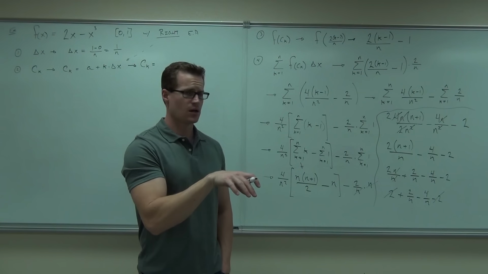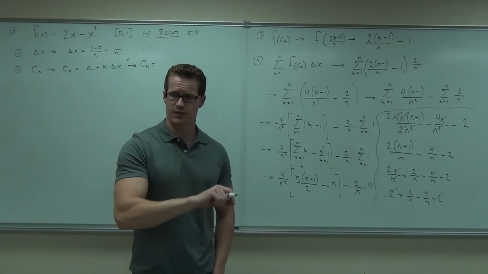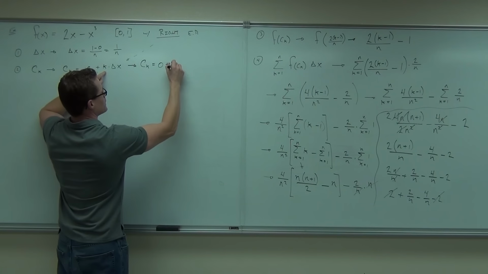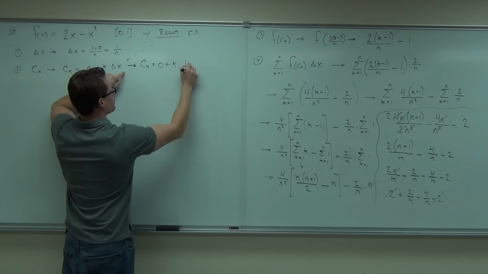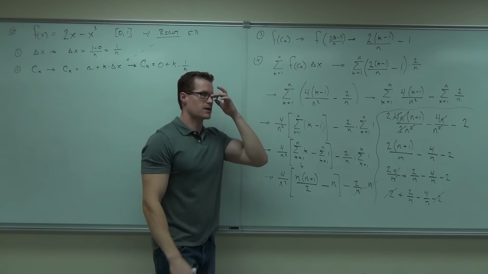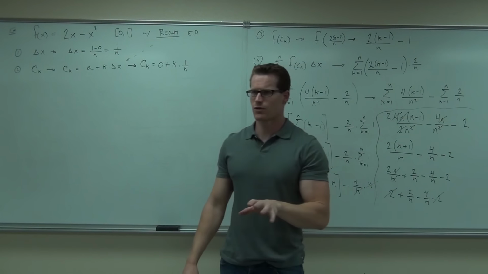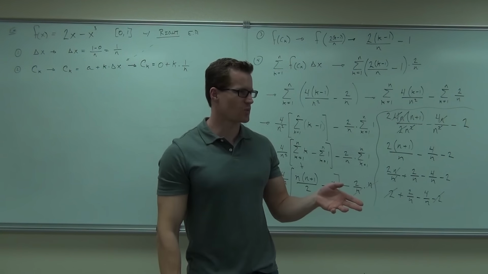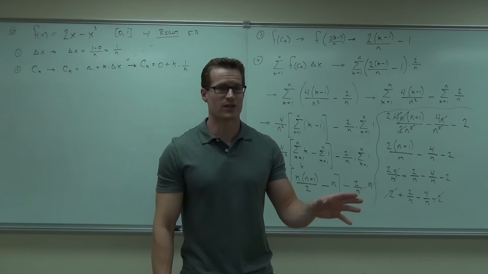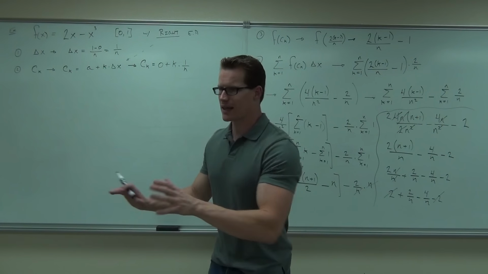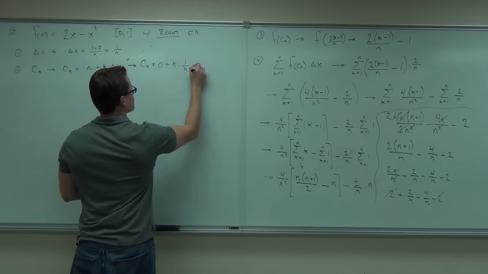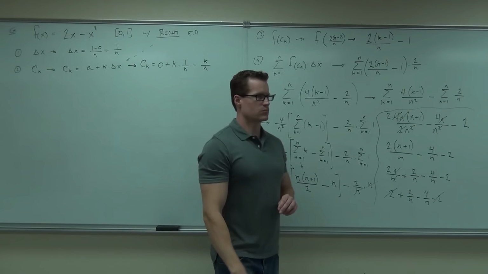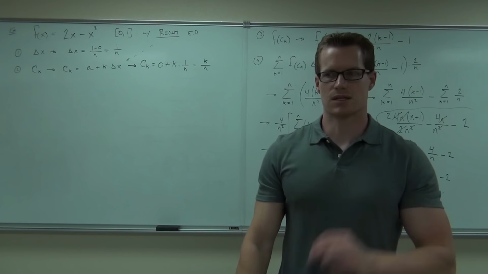You plug in a number for a, you plug in nothing for k, you plug in delta x for delta x. 0, k, 1 over n. Did you get that too? So you got k over n. Do you see why right endpoints are kind of nice sometimes to use? Because you don't have the k minus 1. You don't have the 1 minus 1/2. That's even nastier. So I like right endpoints personally. k over n. Satisfied so far? What's the next thing that you do?